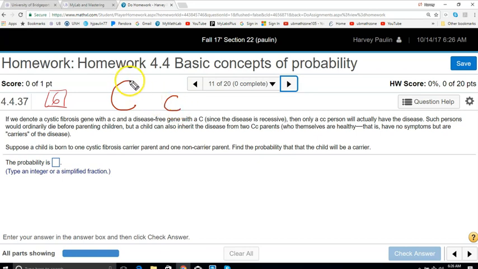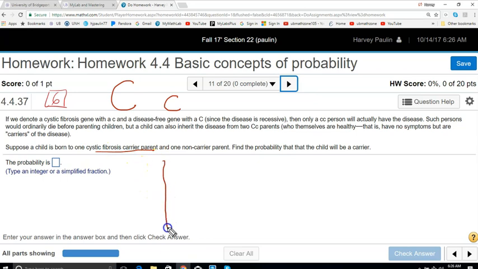Now, if you have at least one dominant, then you're not going to show the trait. But if you are a carrier, as this condition is described, you won't show it, but can pass the gene on. So suppose a child born to a carrier, one parent.